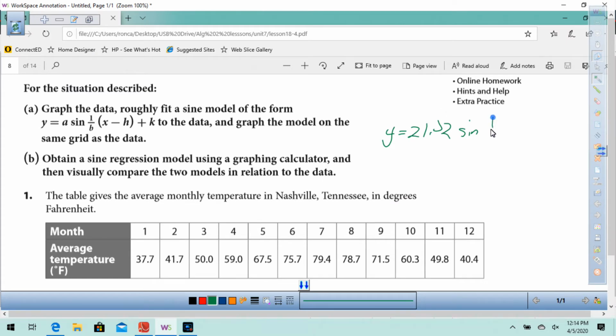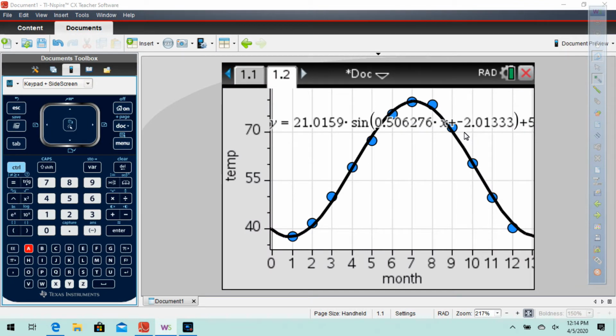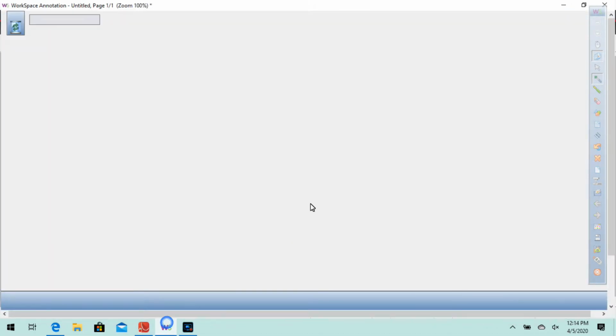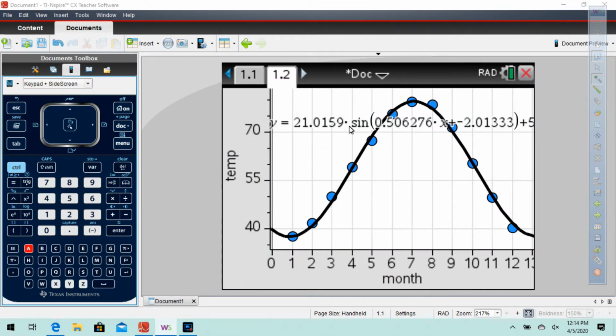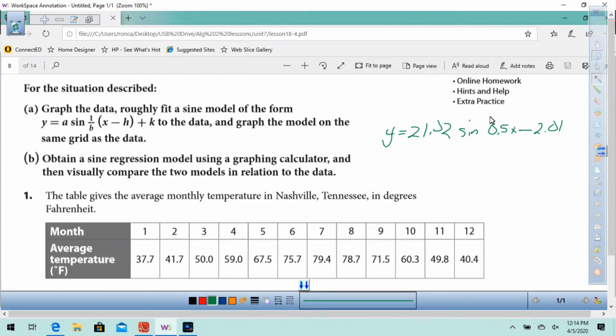So you write it like this, 1/2 times, and then you got x minus 2, so 0.5x minus 2.01, and then plus 58.61.